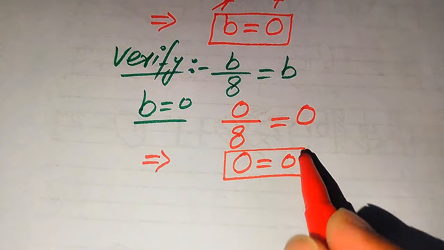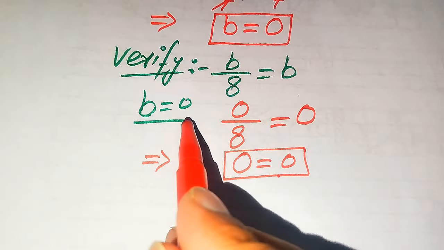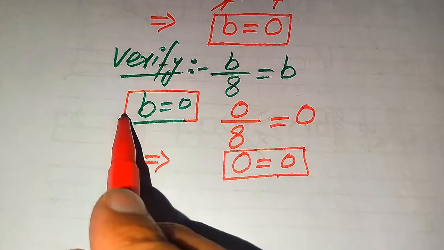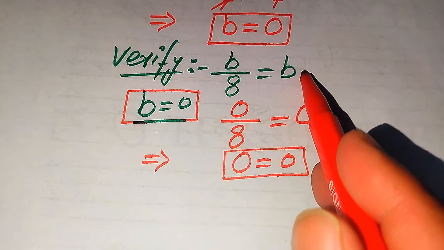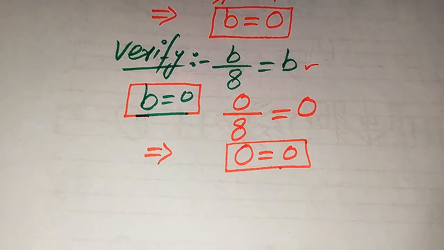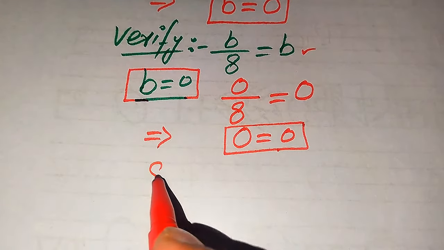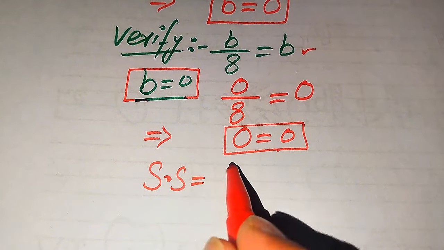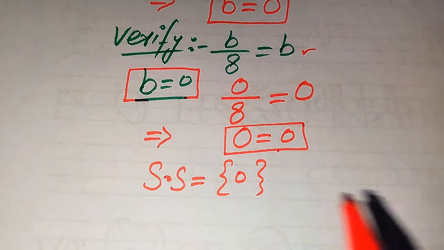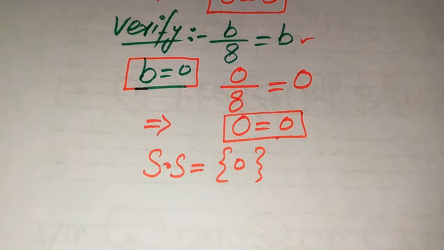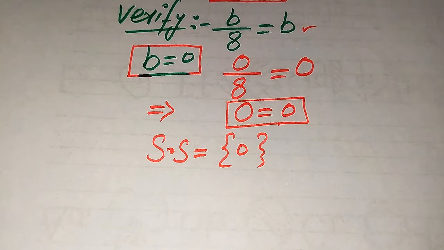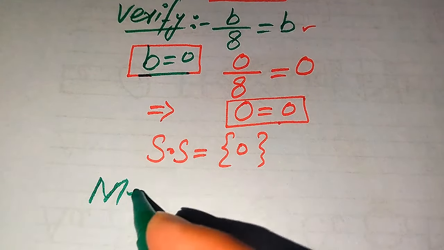This means that both of the sides are equal. So we conclude that b is equal to 0 satisfies our question statement. So we finally conclude that 0 is the solution set of this problem. So this is our first method, and now we again solve this problem by the second method.